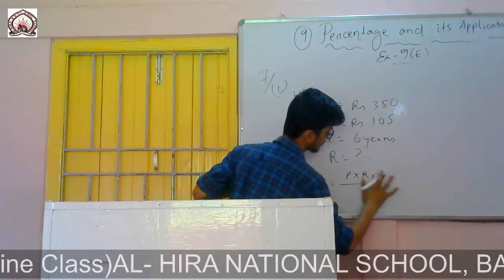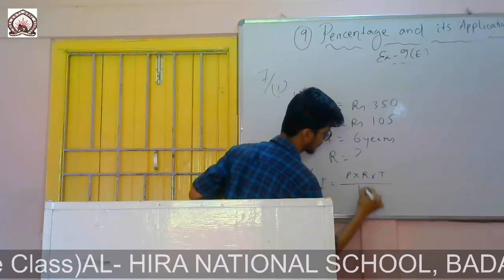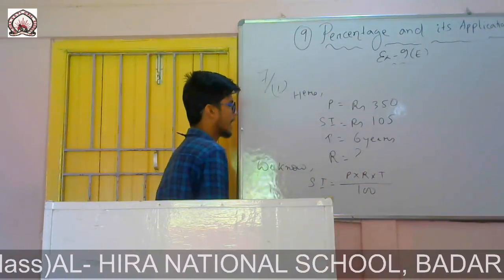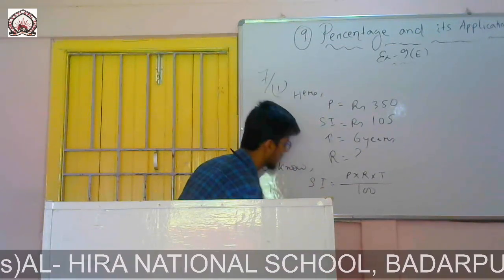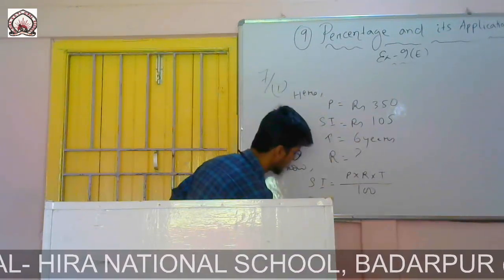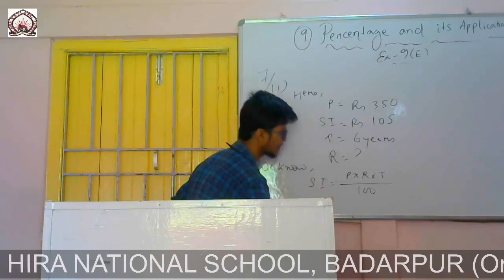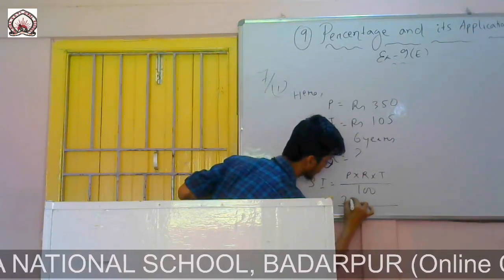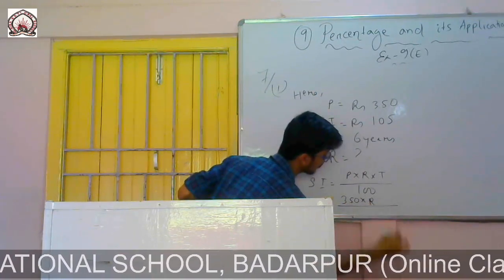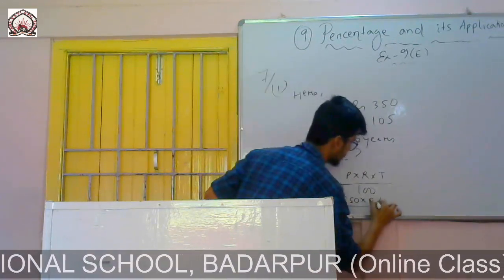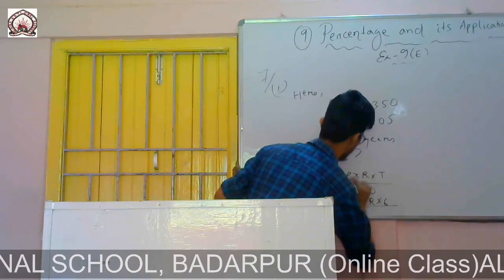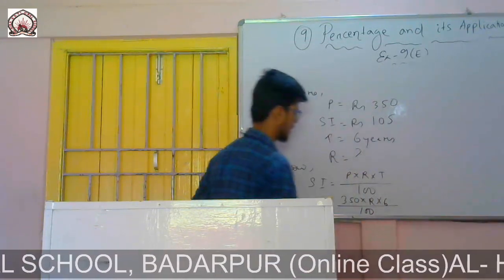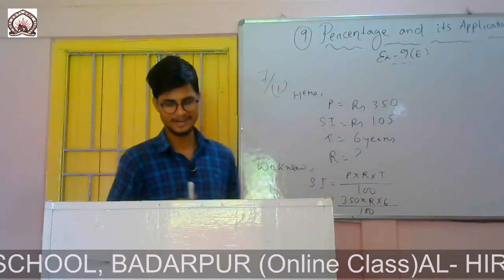We know SI equals PRT by 100. SI is given as 105, so I'll write 105 equals principal 350, rate we don't know so we write R, and time 6 years, divided by 100.